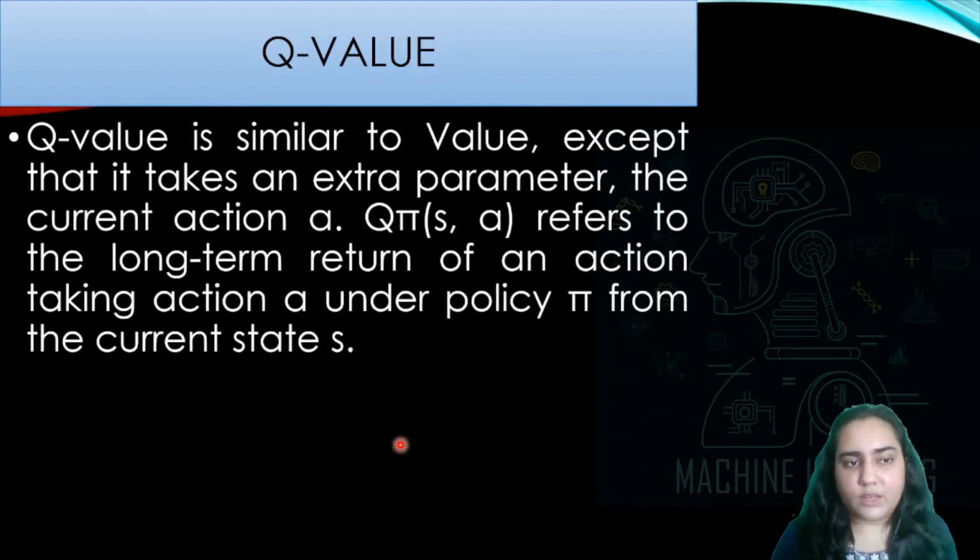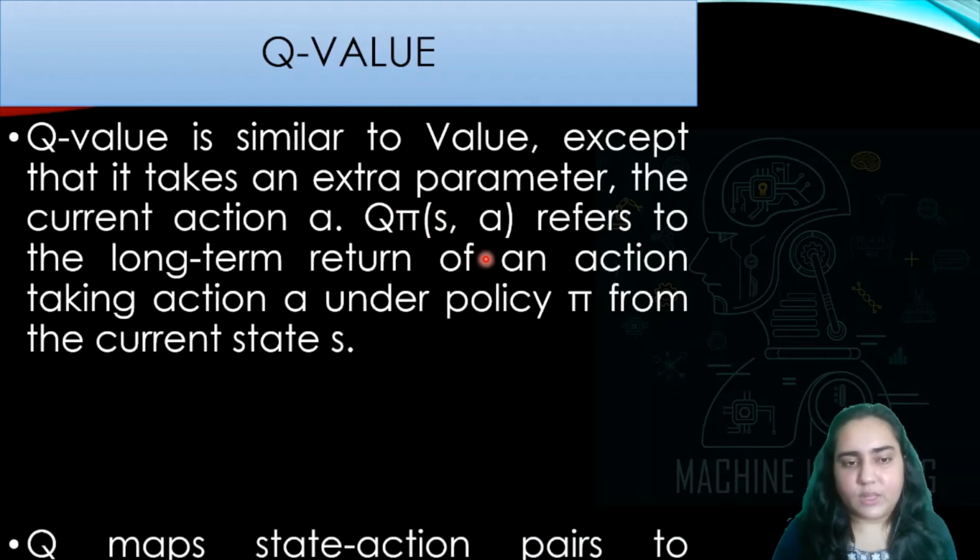Next, we have Q value. Q value is similar to value, but it takes an extra parameter, that is the current action A. So Q pi of S comma A refers to the long-term return of taking action A under policy pi from the current state S. So Q value is not just about state, but also about the action.